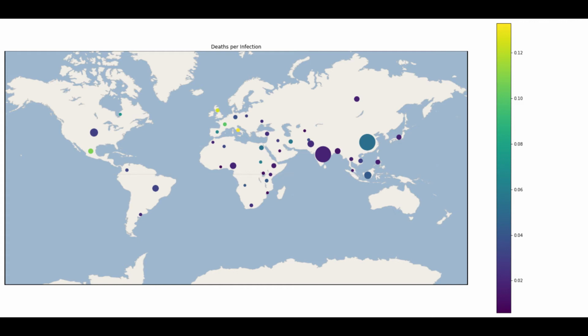This brings us to the next visualization, where I basically divided the amount of people that died by the amount of people that got reported as infected. So this ranges somewhere between 2% and 12%.